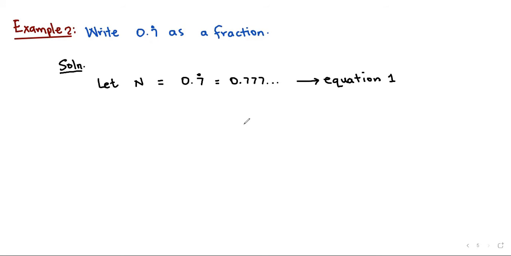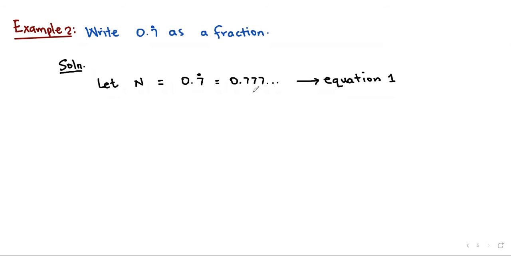Okay, now you can see that we have only one digit that is repeating itself. You can see that it will continue to be 7, 7, 7, 7. One digit repeating itself.